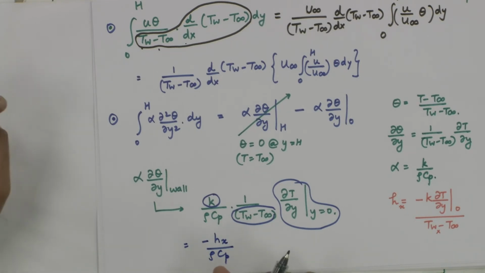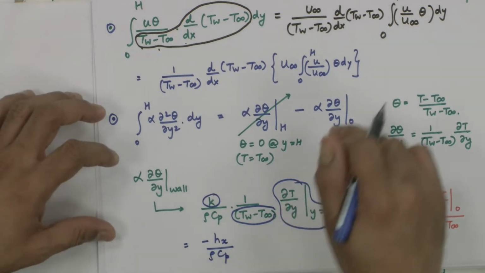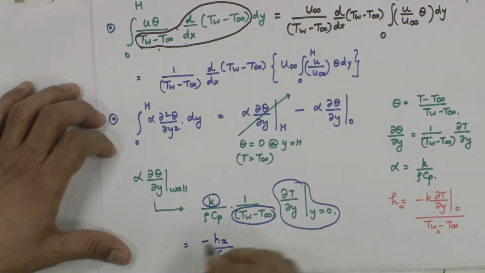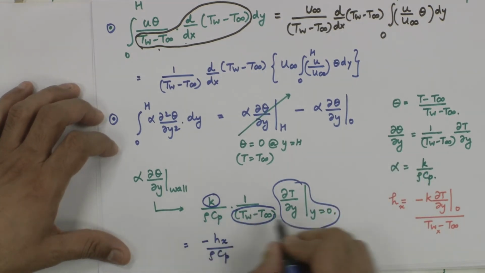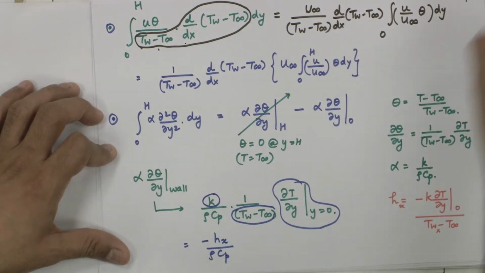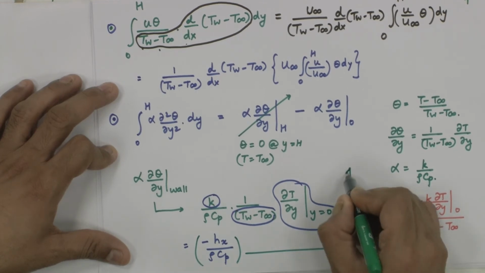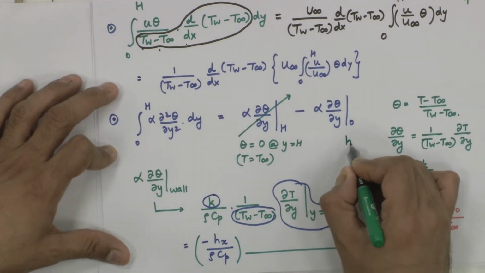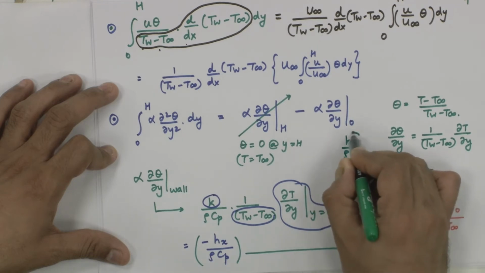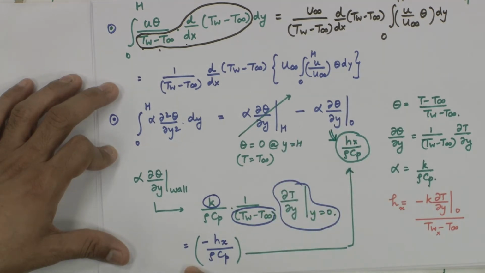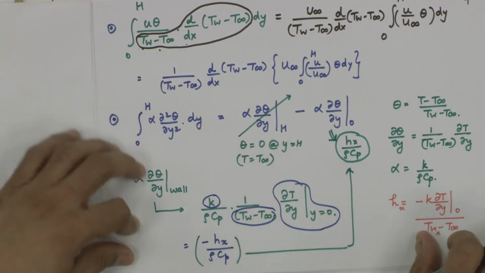Therefore, this quantity, minus alpha d theta by dy at the wall, based on this simplification, you can write as plus h x by rho Cp. There is a minus here, so this is h x by rho Cp. Then the last term, we are going to retain as it is.